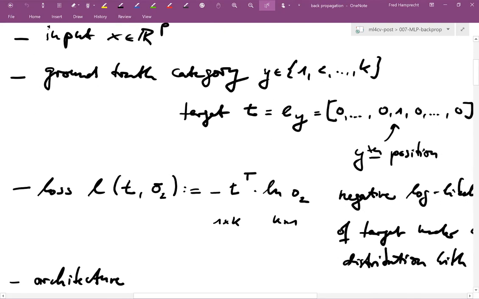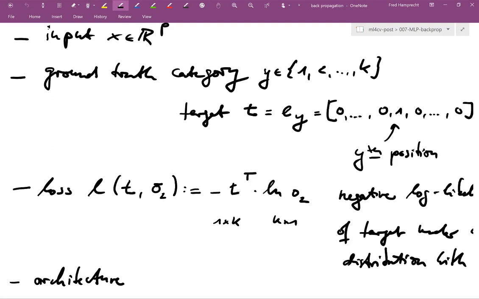So for a given input, my target T is a vector with capital K entries when I have capital K classes. The output of my network is also a vector. So I have one output neuron for each of the capital K possible classes. And I'm just looking at these outputs, and ideally, if my sample is truly of class 5, then the fifth of my output neurons should have a large response and the other neurons should have a small response.